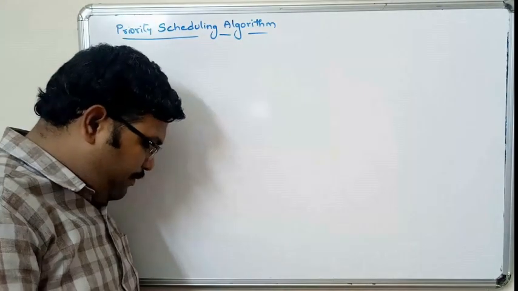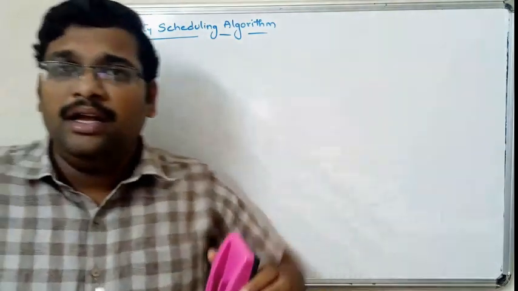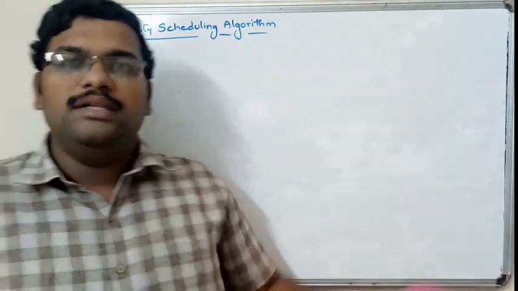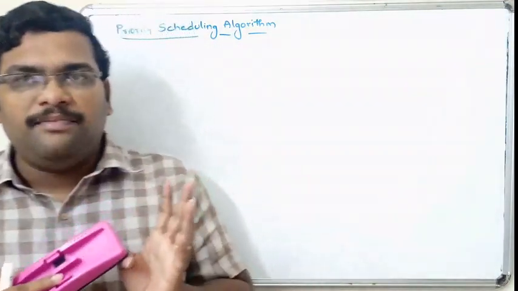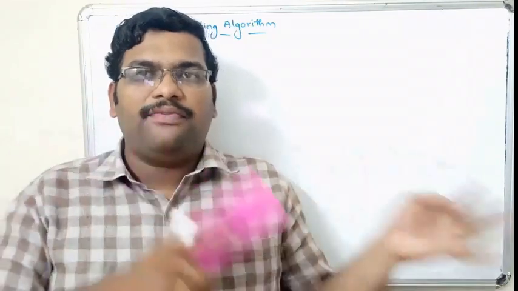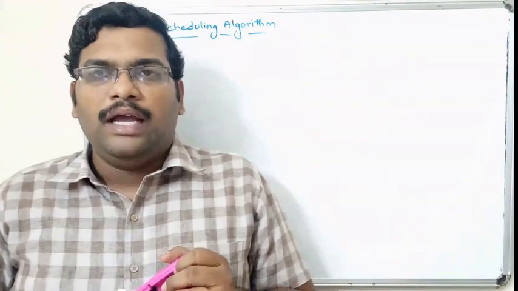Priority scheduling algorithm. Every process in the ready queue will be given some priority, and based upon that priority we allocate the process to the CPU. Coming to first come first serve, based upon the arrival time, the process which arrived first into the ready queue will be executed by the CPU.